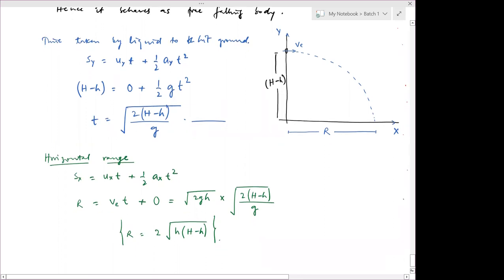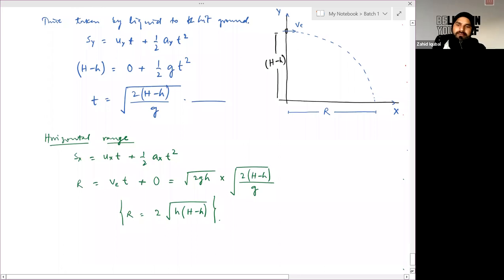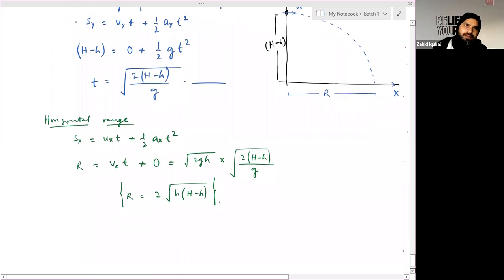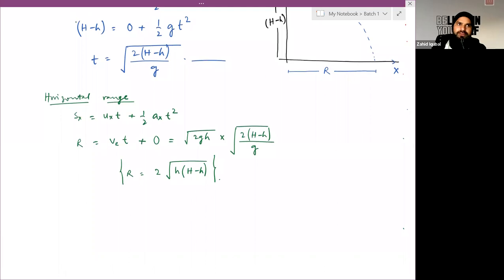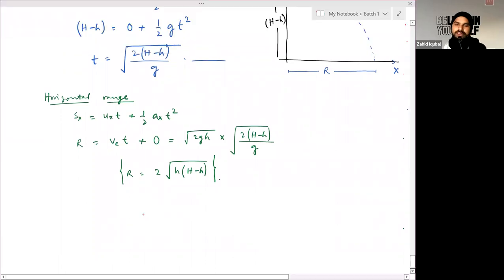No, sir. Now you'll be asked, what will be the condition for having maximum range? If a function is to have a maximum or minimum value, just differentiate it and put it equal to 0. So on solving, for maximum range, differentiate R with respect to small h and put it to 0.